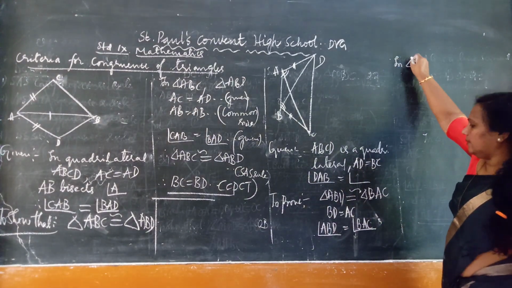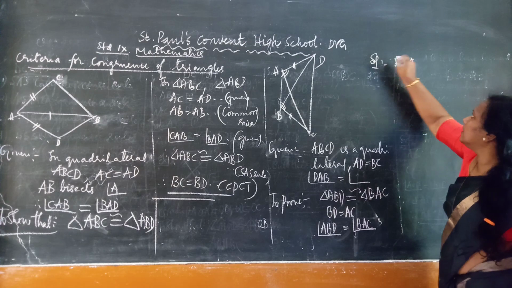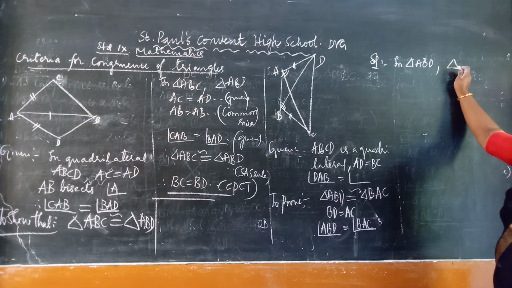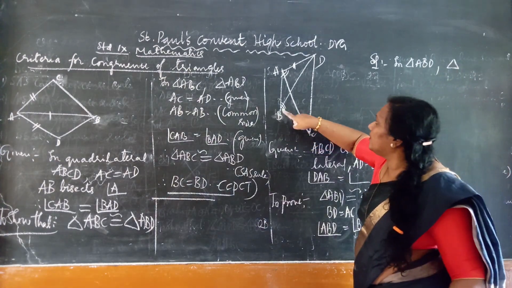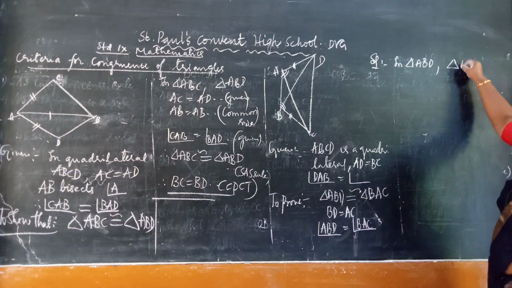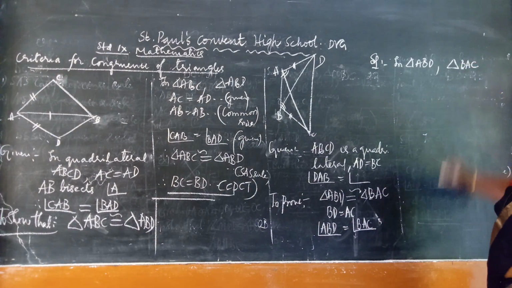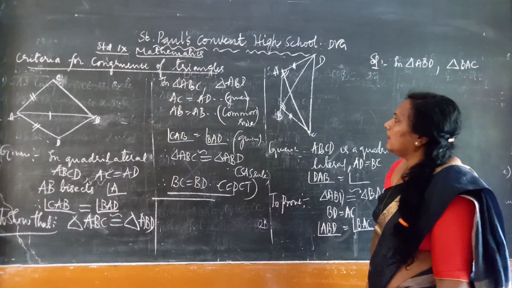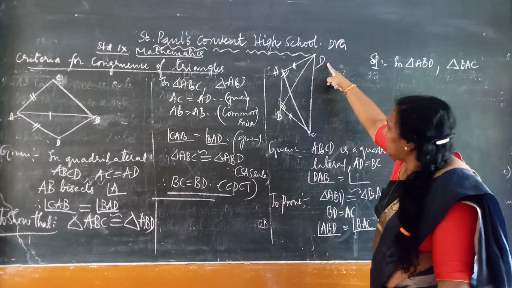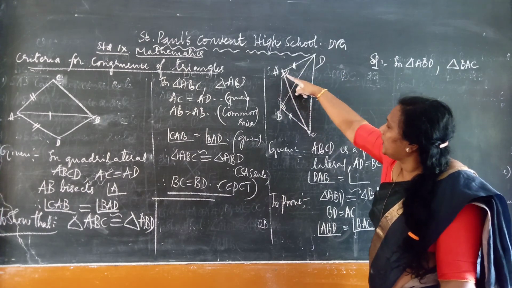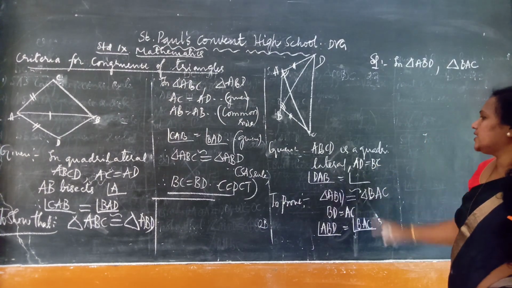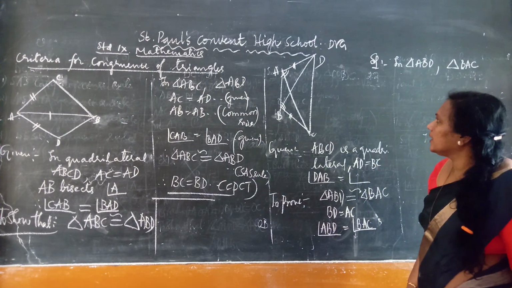So, in the solution, in triangle ABD as well as triangle BAC, already we have written given AD is equal to BC.